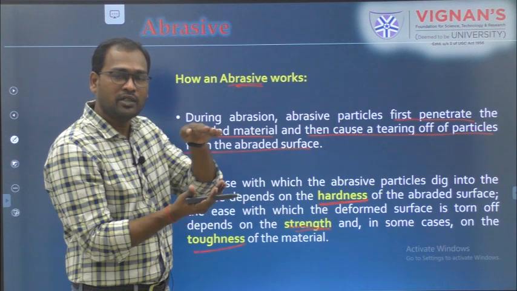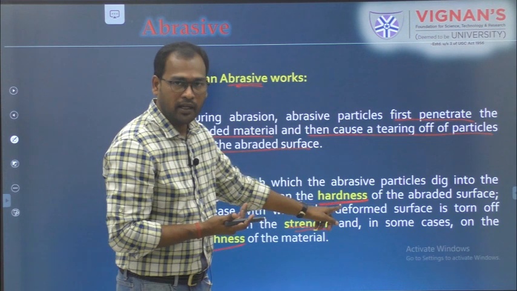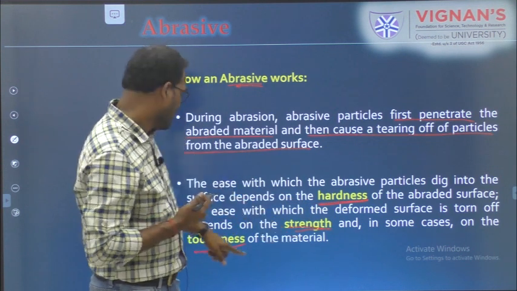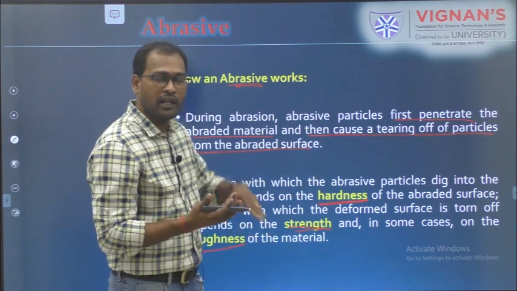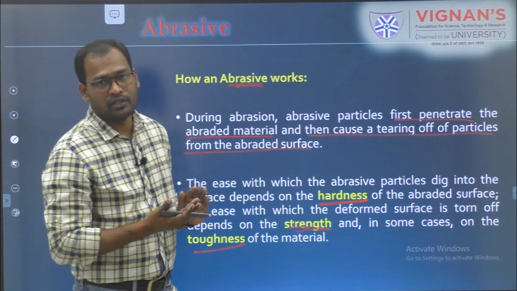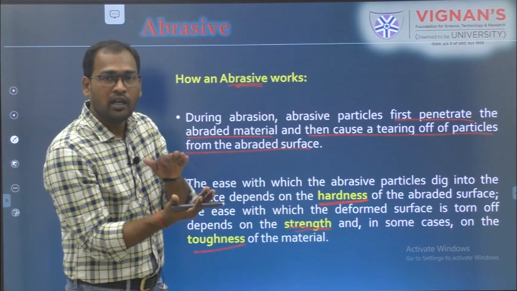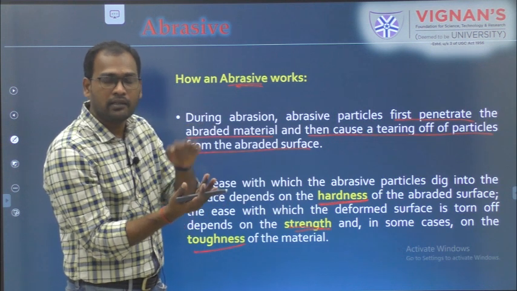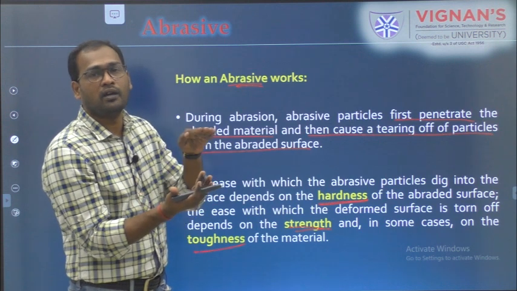The abrasive material should be very hard, it should have very good strength, and it should be very tough. If all these three things are not met, the material will be soft, and it cannot be used to remove the surface efficiently. The material which has to be cleaned should have lesser hardness, lesser strength and lesser toughness compared to your abrasive material.